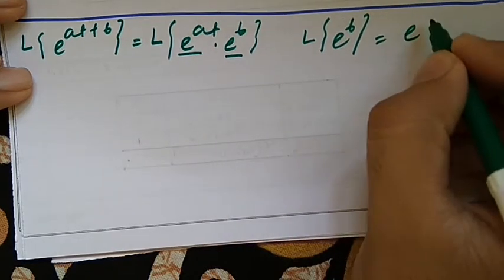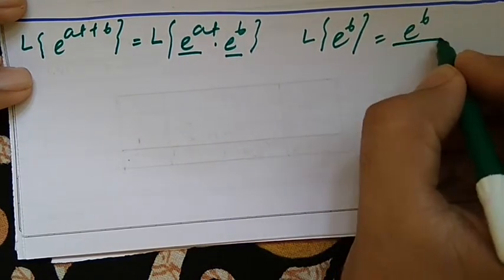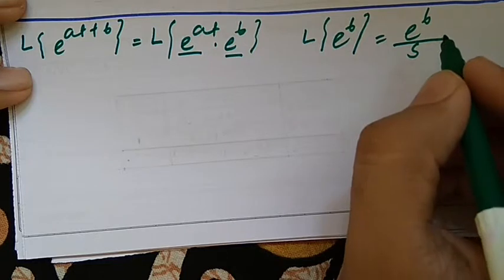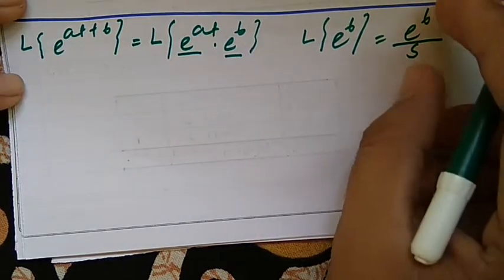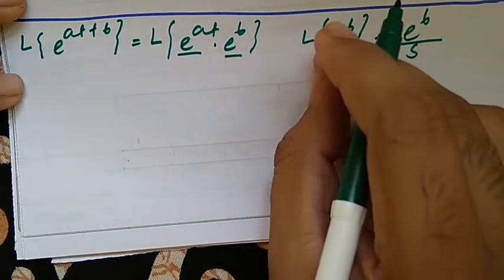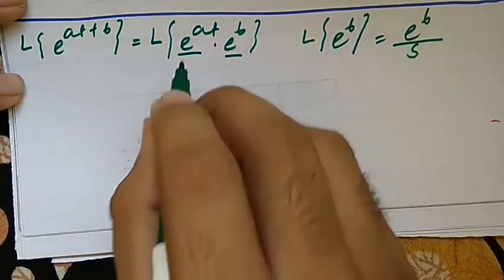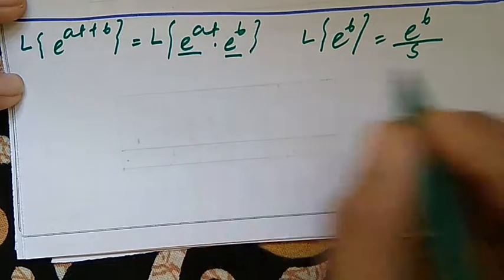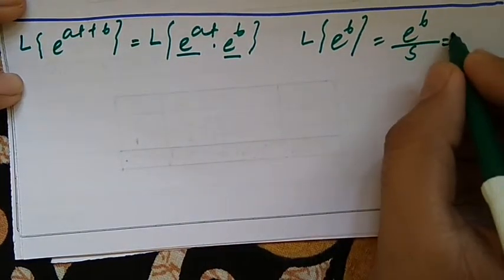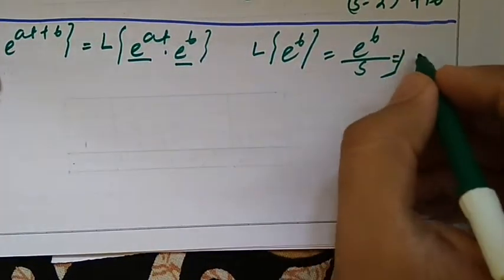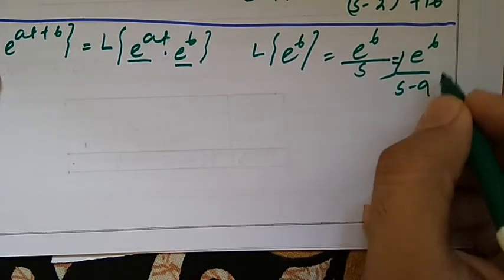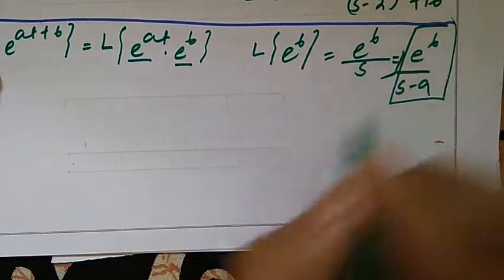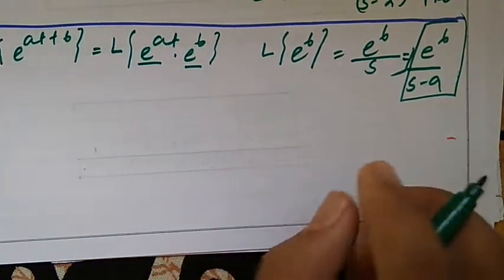The Laplace transformation of 1 is 1 by s, so it is e to the power b by s. So the Laplace transformation of e to the power at into e to the power b will be e to the power b by s minus a. This is the answer. Very simple.